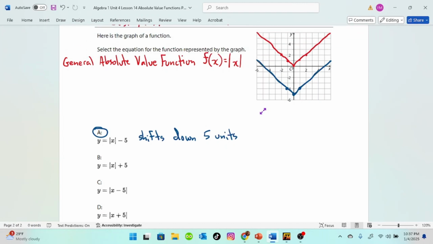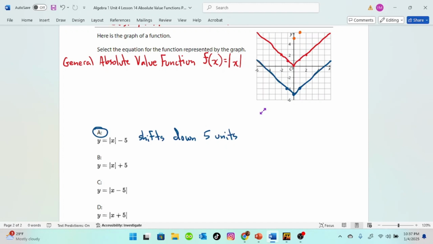So let's look at B. If x is 0, the absolute value of 0 is 0, plus 5 is 5. If x is 1, the absolute value of 1 is 1, plus 5 is 6.